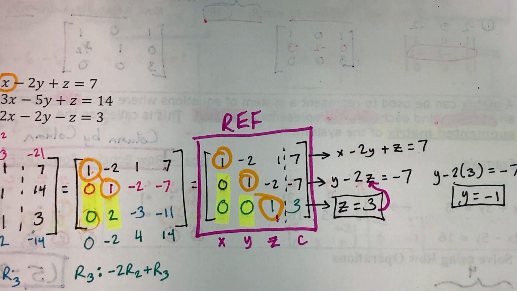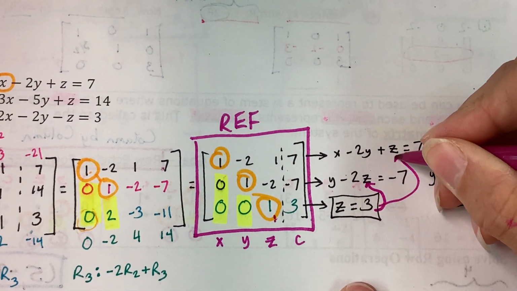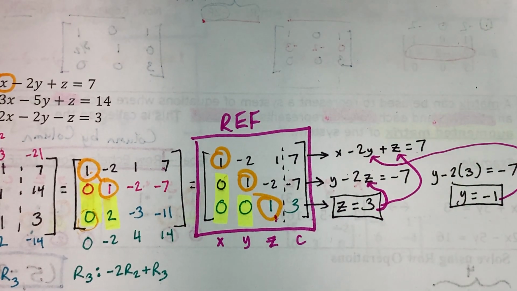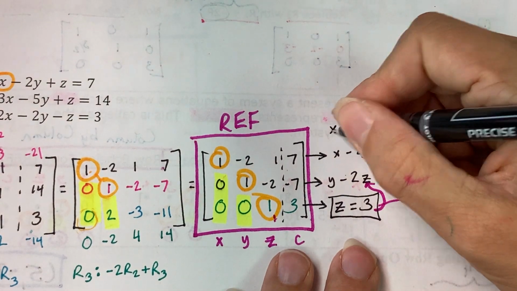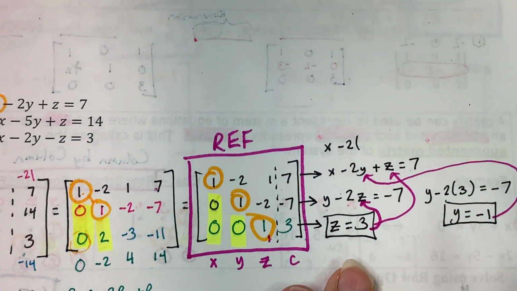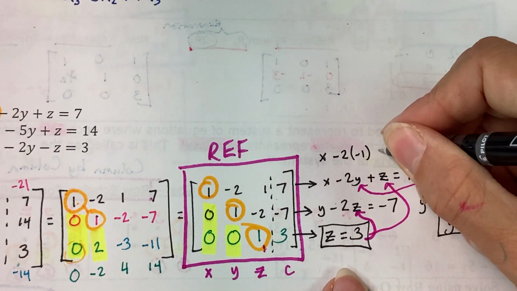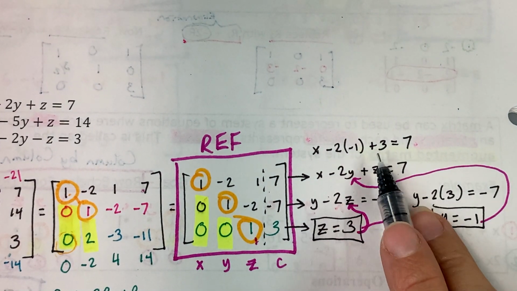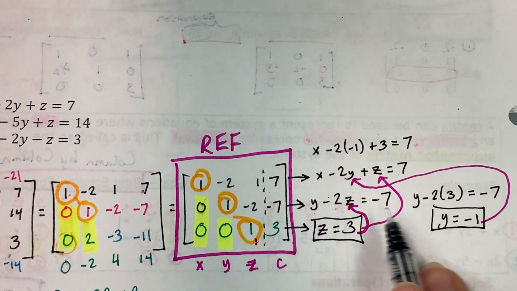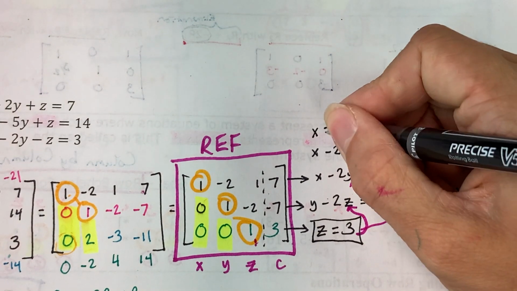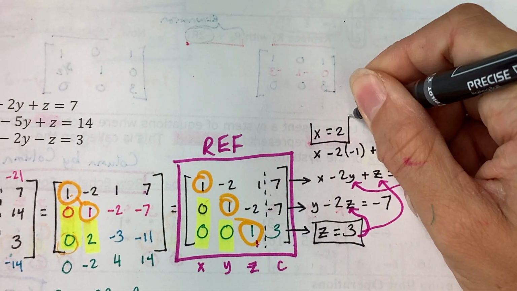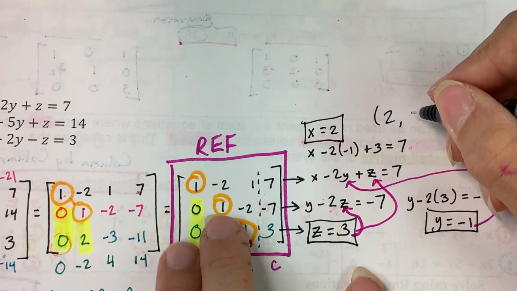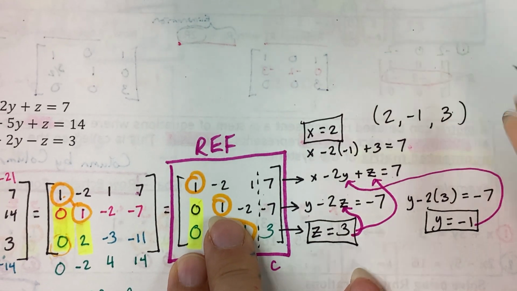And now we back substitute our 3 in for the z and our negative 1 for the y. So x minus 2 times negative 1 plus 3 equals 7. This gives me positive 2 plus 3 is 5, minus the 5 to move it to the other side, and x equals 2, giving us our final coordinate answer of 2, negative 1, 3.